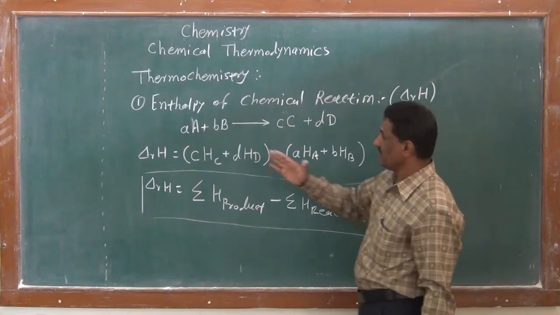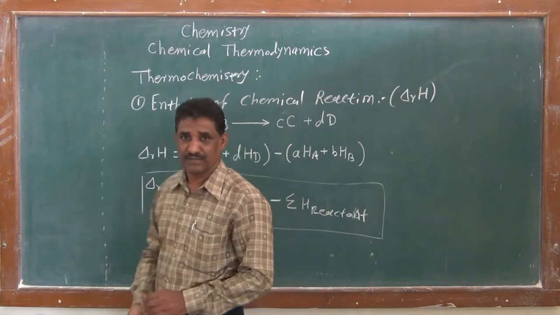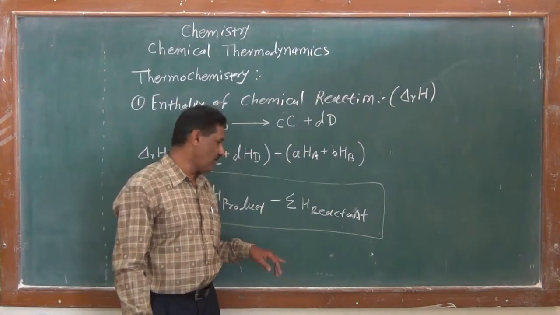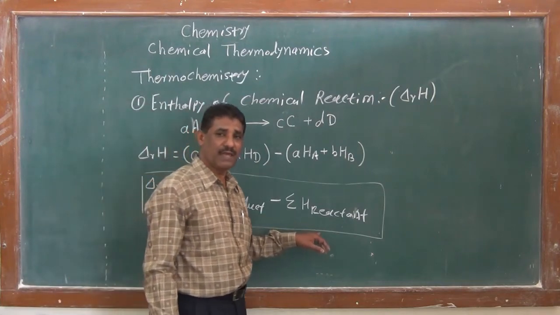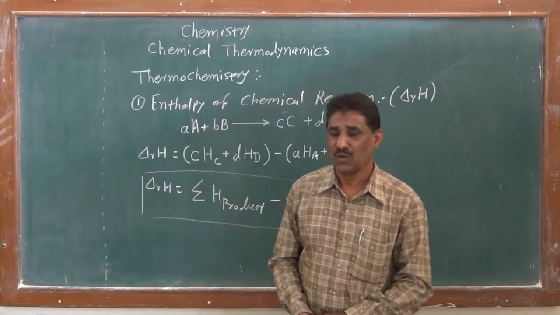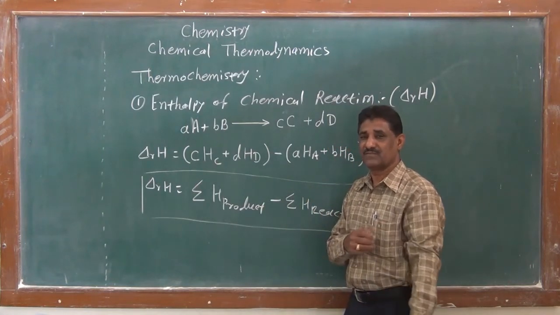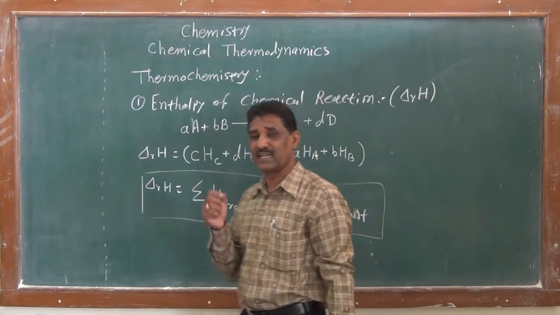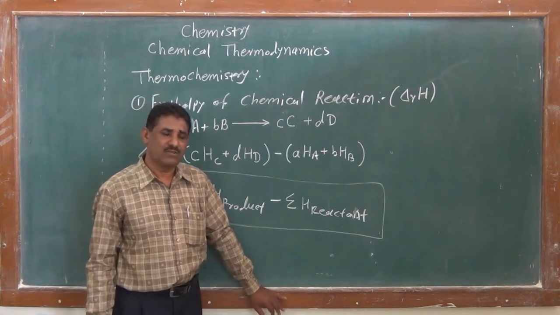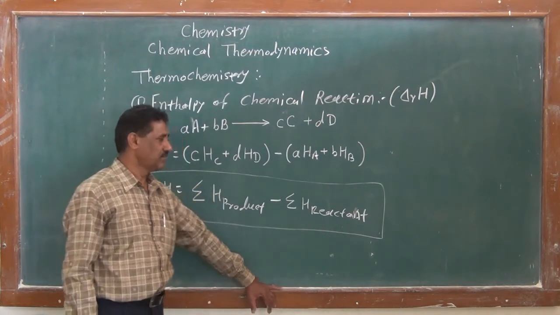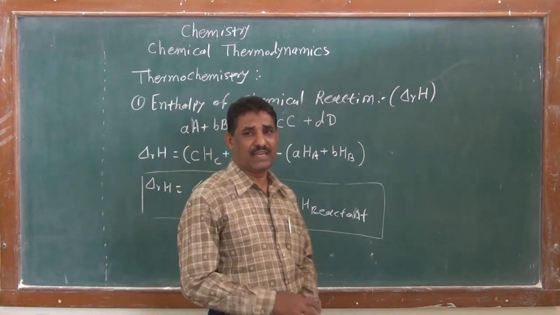Again, the enthalpy of reaction is the difference between the sum of enthalpy of products and the sum of enthalpy of reactants, with each substance in a definite physical state, and the amounts represented by the coefficients in a balanced chemical equation.